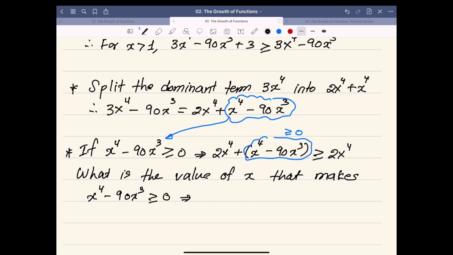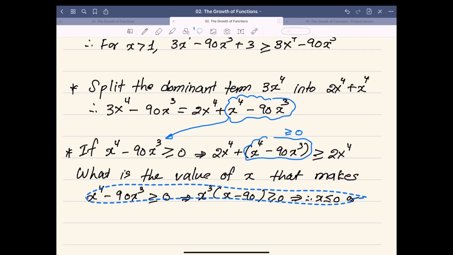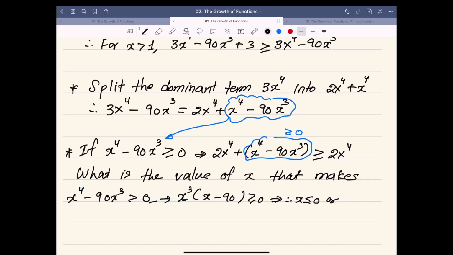We will solve this inequality, and you have learned in calculus how to solve an inequality finding a range of x. Take x raised to power 3 common, so you will have x minus 90 greater than or equal to 0. So the solution is either x less than or equal to 0, or x greater than or equal to 90. How?